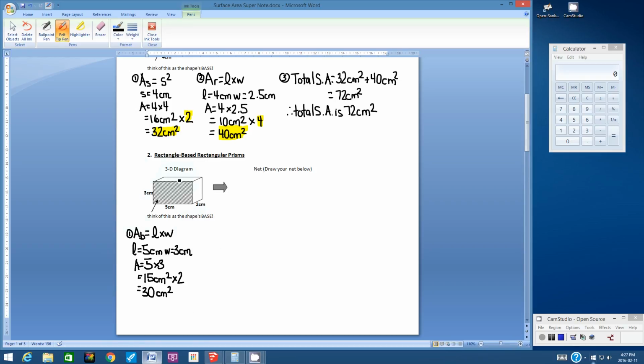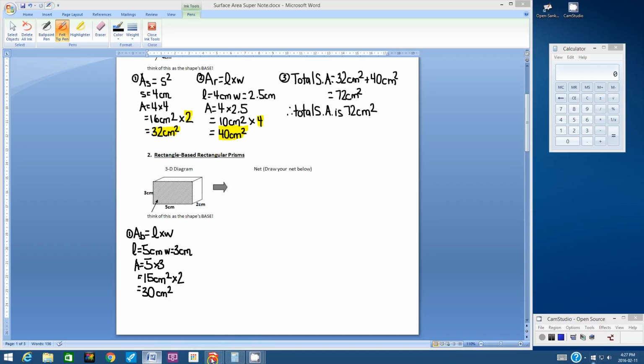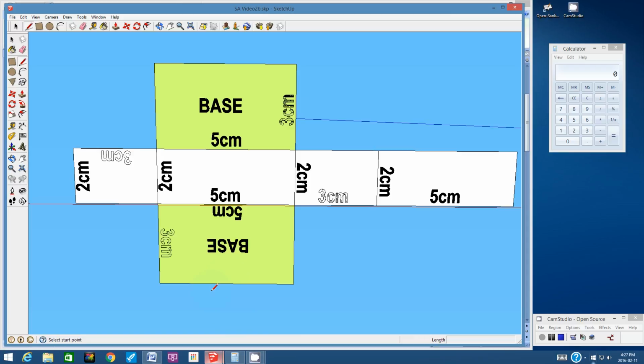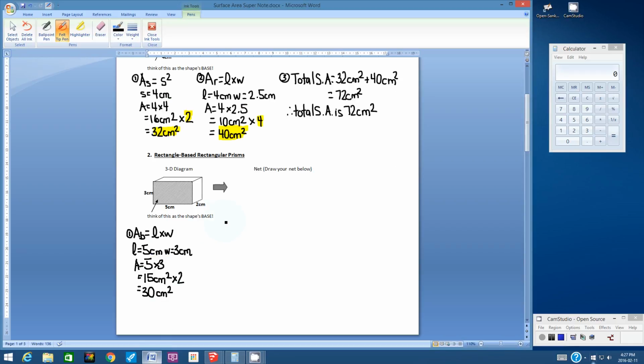Okay, so how about now we look at the top and the bottom. The top and the bottom are going to be the same. So the top and the bottom would be this rectangle here and this rectangle here. Notice the dimensions are the same, 5 by 2. So let's use that as our second rectangle.